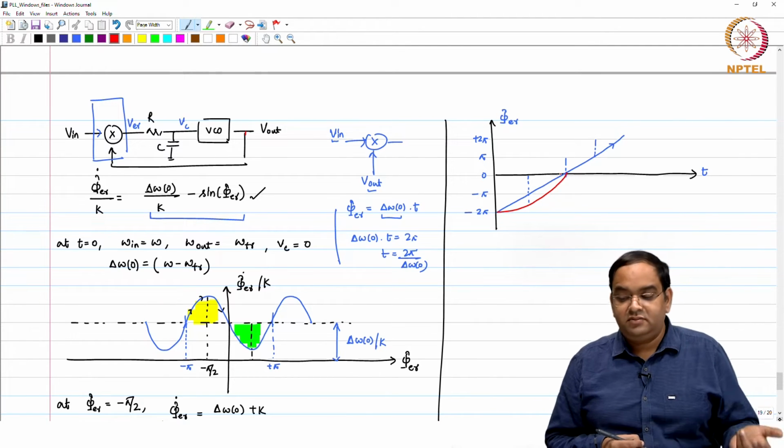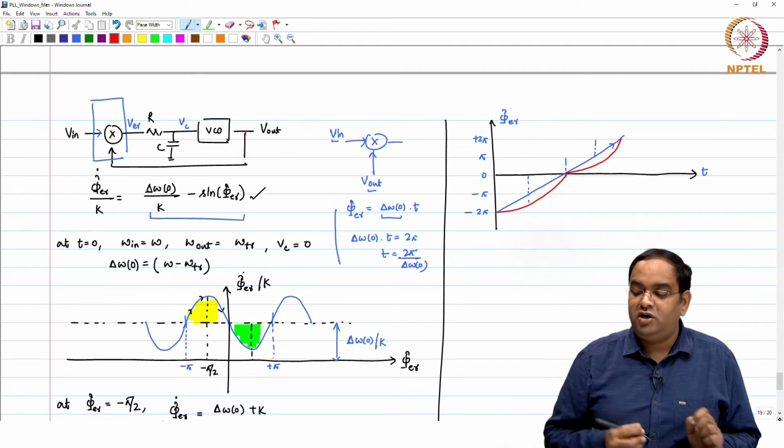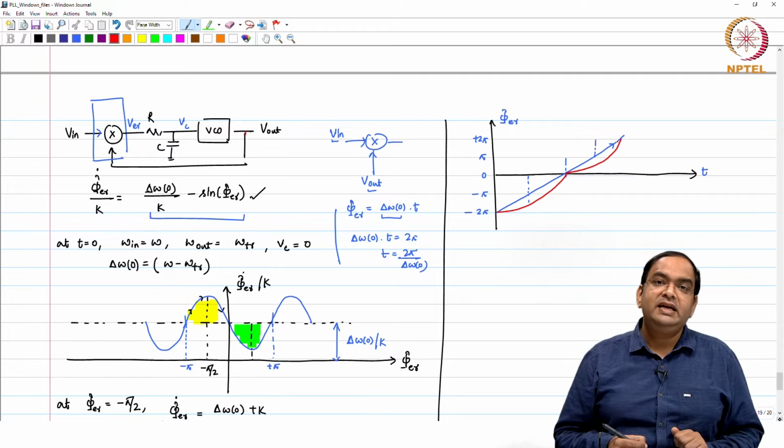Every 2 pi it is going to repeat this. It is not going to increase linearly.